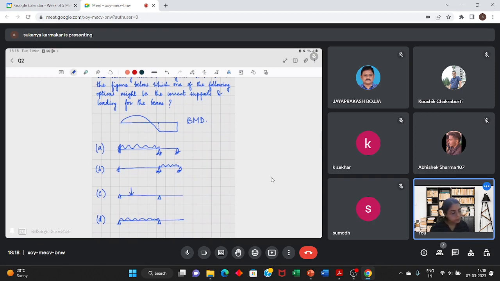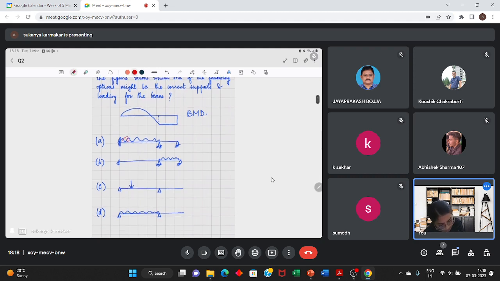So yes, D is the right answer. So let's go through the options one by one and we'll try to understand why D is the correct answer. So for this question, how will this beam deflect? It will deflect like this.